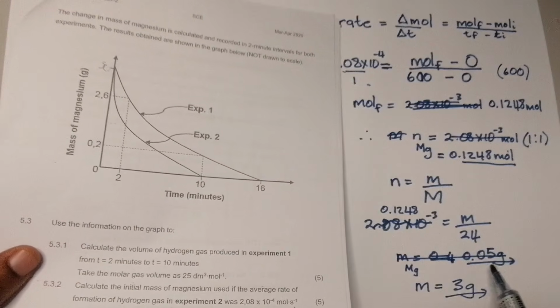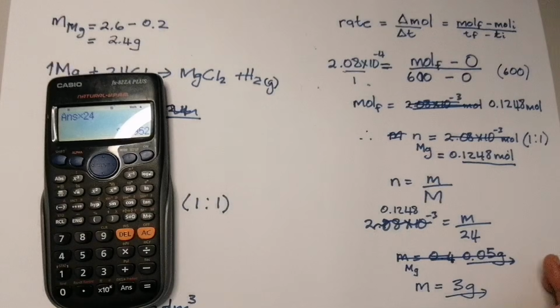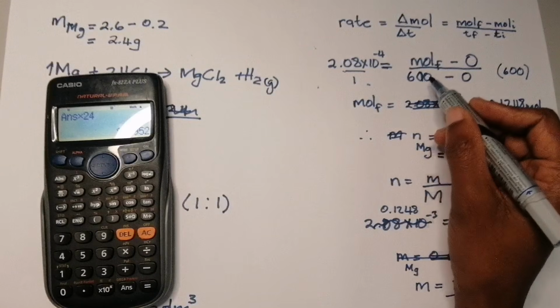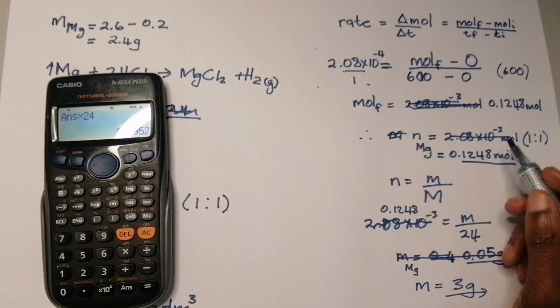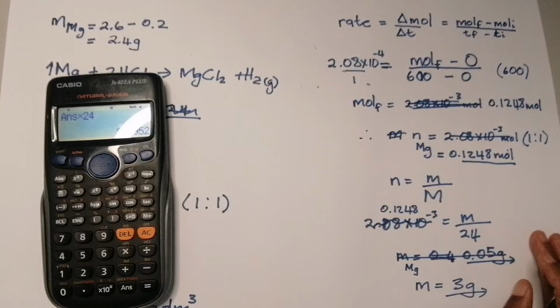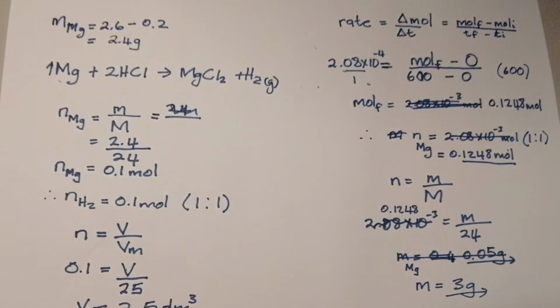So when I got 0.05, I realized there must be a challenge there. Sorry about the scratching out. Just remember that it was given to me in moles per second, so I was meant to convert time into seconds. I hope that makes sense. I hope you'll forgive me for that error, but I suppose it gives us a teachable moment as well, isn't it? Okay, right. I want us to tackle another question, but let's finish off on this one.